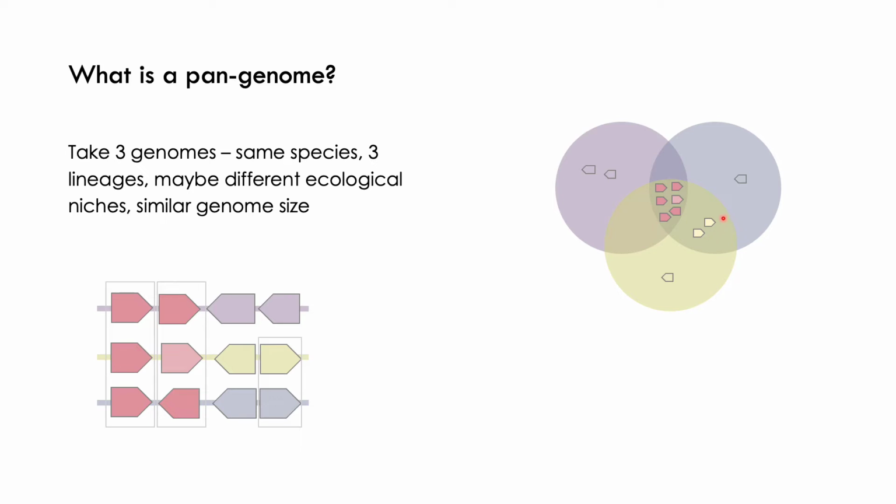That's the start of the accessory gene set. So anything that's not core is accessory. But even though they're shared by 2 genomes, they're still accessory. You can essentially have different levels of accessory genes. I'll touch more on that shortly.